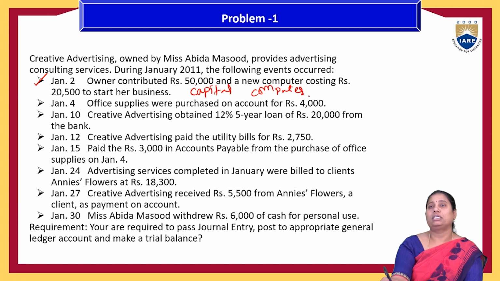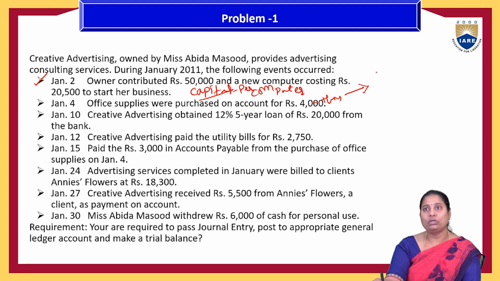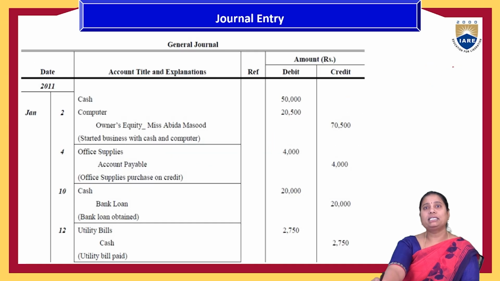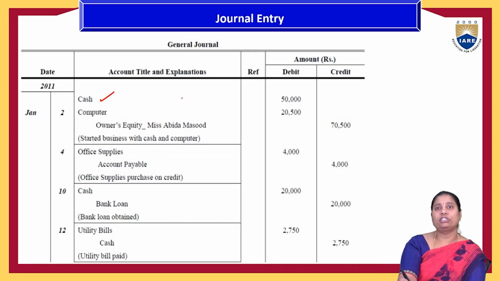Capital comes under the personal account, computer is a thing, whereas they have contributed towards the business organization only. So the total capital of that particular organization will be 50,000 plus 20,000. That's the way we can say that they have invested cash of 50,000 and the computer of 20,000.